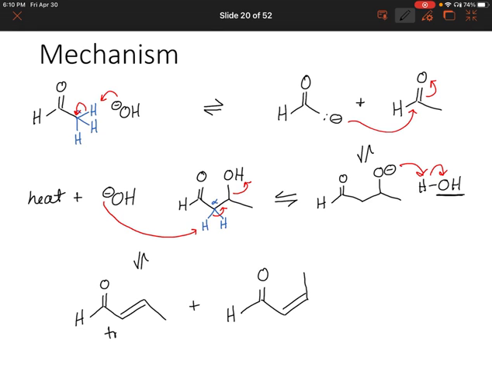Okay, so looking at the trans alkene and the cis alkene, do you remember which one is more stable? The trans alkene is more stable. Why is the trans alkene more stable? Do you remember?